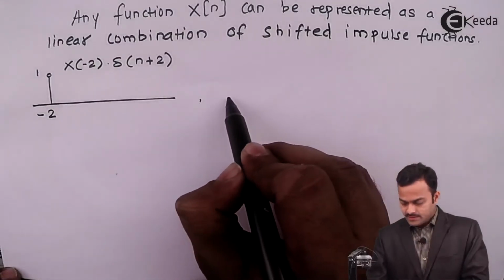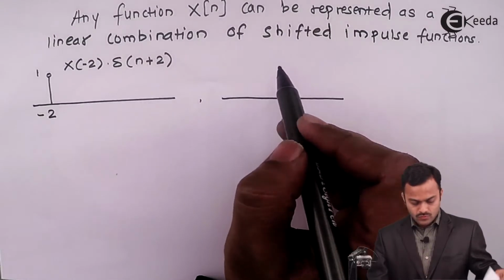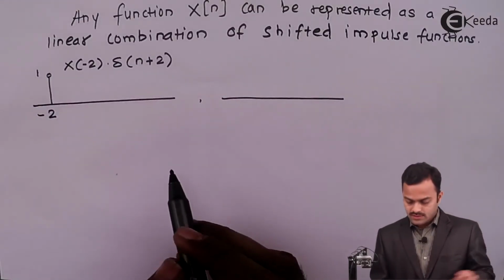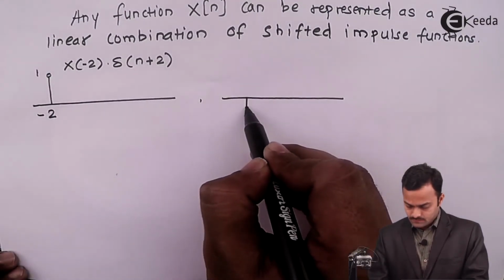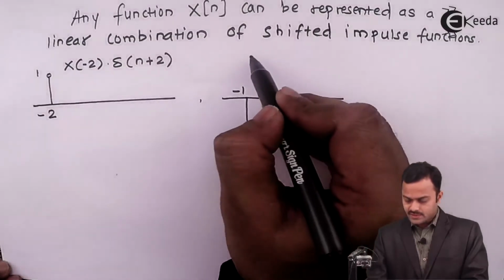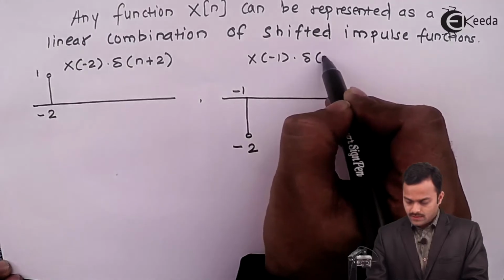In the same way, I can have the value for n equal to minus 1 for x of n, which is minus 2. So it is like this, and the expression is x of minus 1 delta n plus 1.